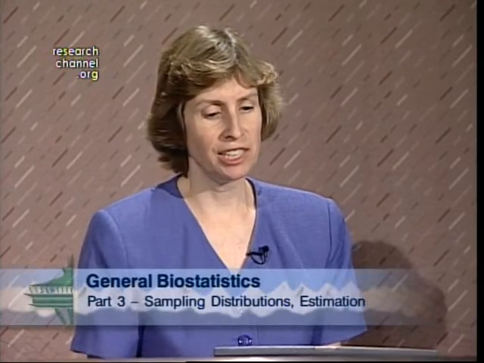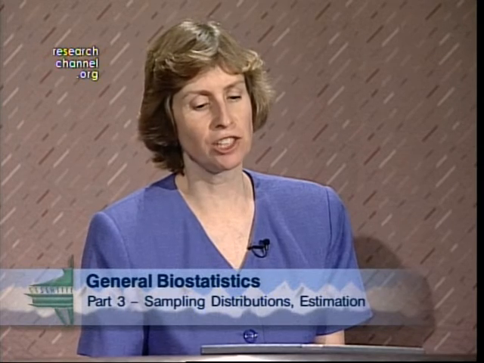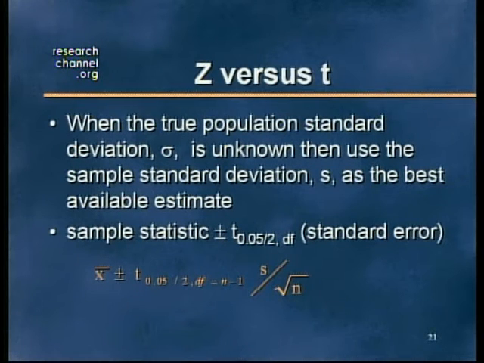So how would this change our confidence interval construction? When we don't know the truth about the population standard deviation, we'd use our best guess, which is S, the sample standard deviation that we can calculate from our data. So we'd still form the confidence interval by taking the sample mean plus or minus, but now instead of a z statistic, we would use a t, still corresponding to an alpha of 0.05 split in two tails of the distribution.